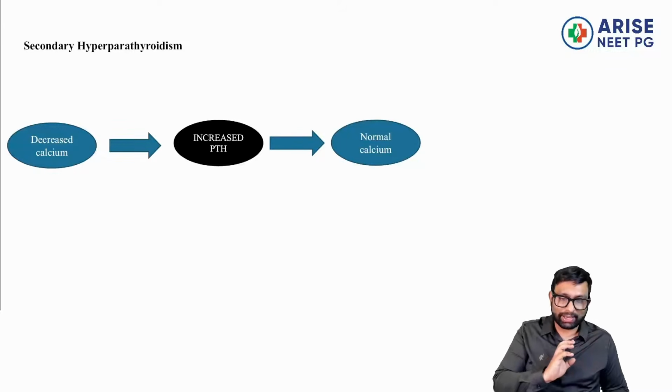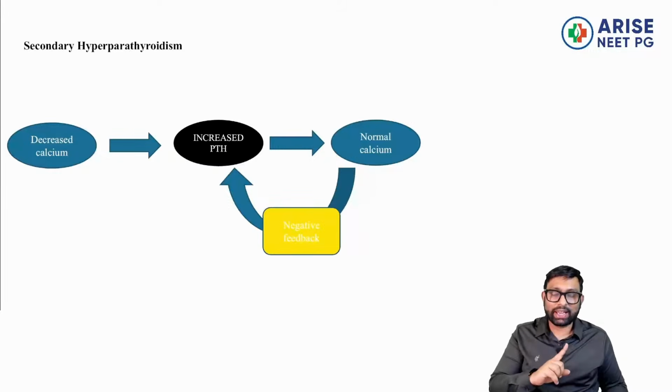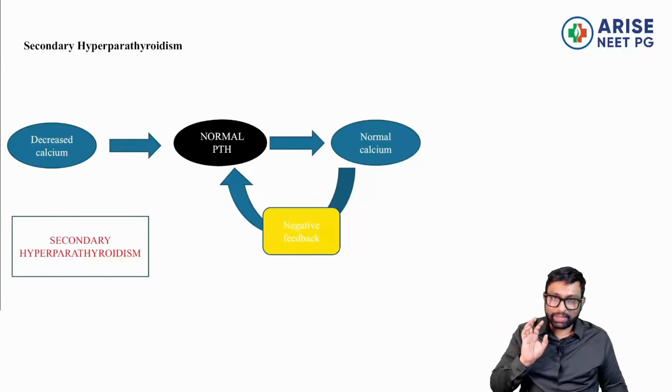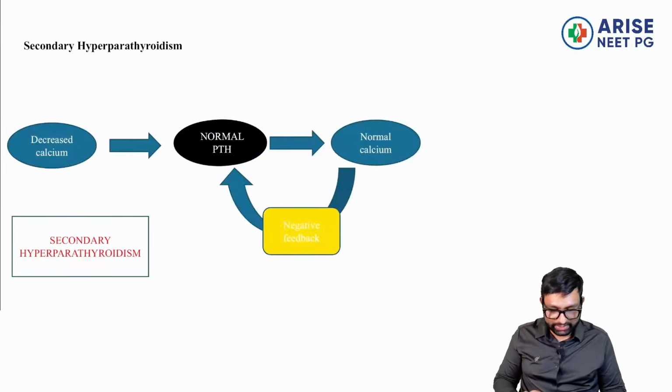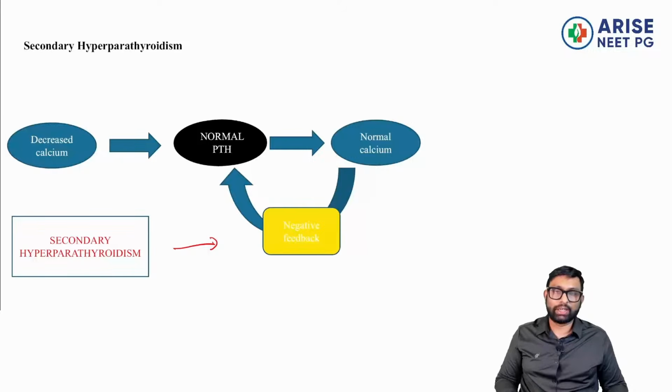This gives out a negative feedback saying calcium has become normal now, so do not increase the PTH further. Okay, so normal PTH is given out. But in patients with secondary hyperparathyroidism, there is a problem with this negative feedback, because of which patients keep having increased PTH, and that results in osteoclastic activity that keeps on increasing.